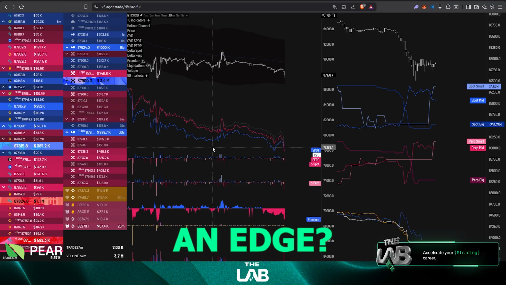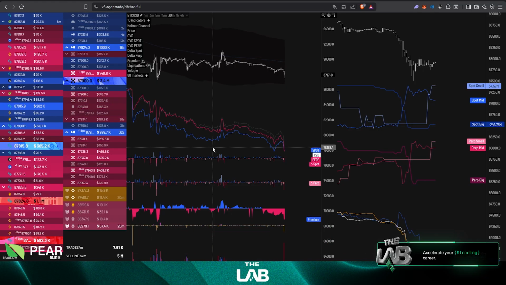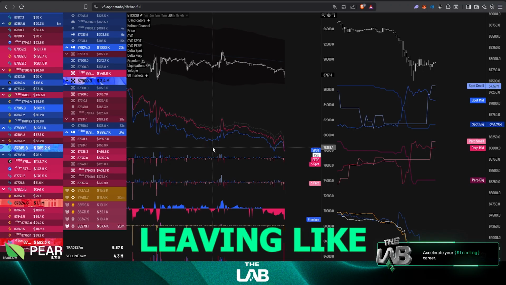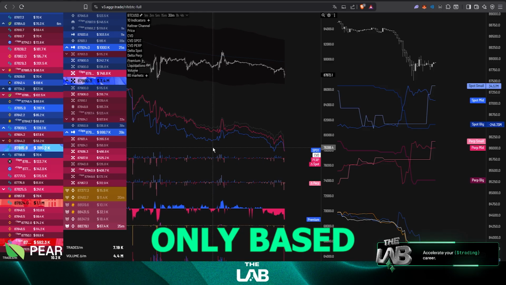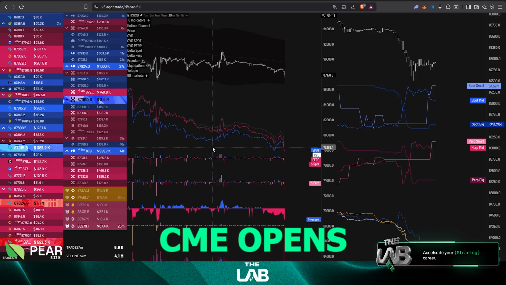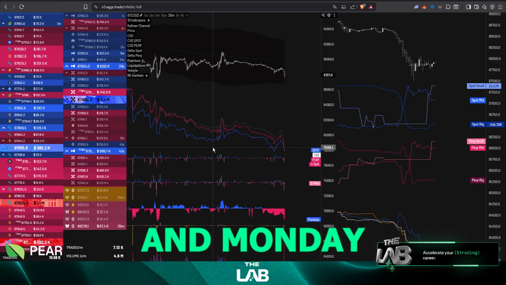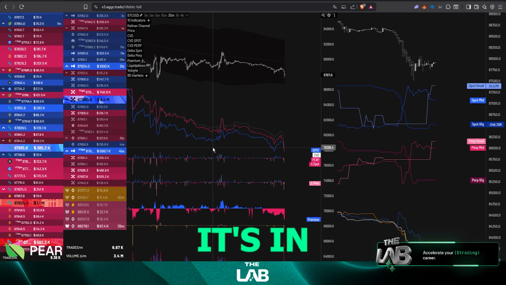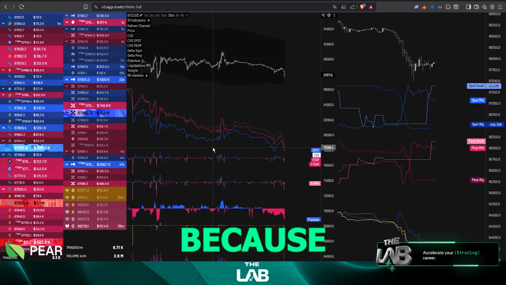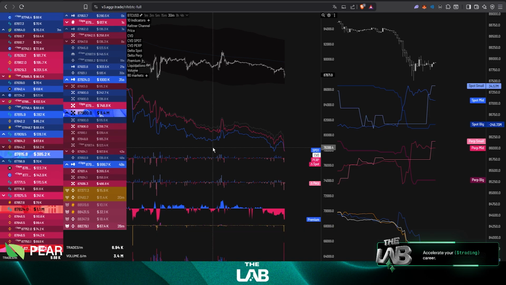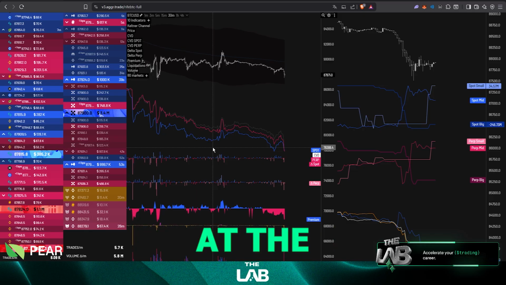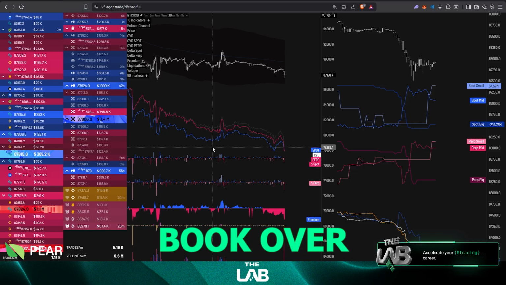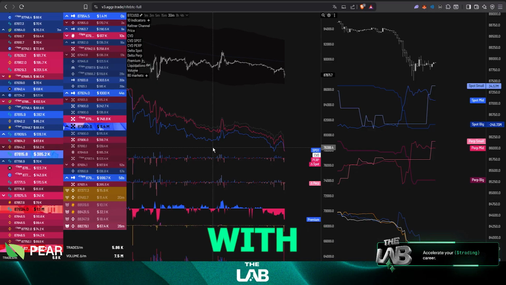How is this giving you an edge? Well, every market participant is leaving a footprint in the chart, right? And one edge I found, only based off the flow, was trading CME opens between Sunday night and Monday morning. I think it's in 6 hours of time right now, because we're on Sunday. And you have the same participants at the same time in the same order book over and over again with the same goal.